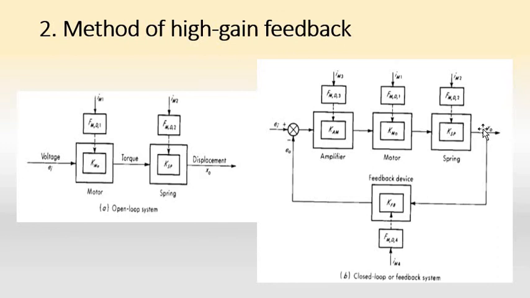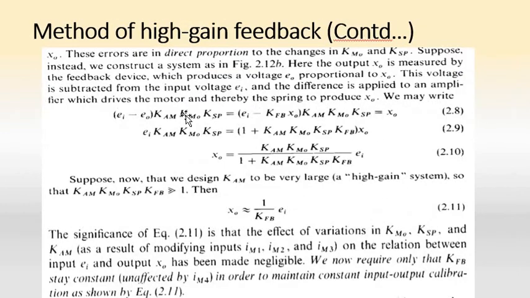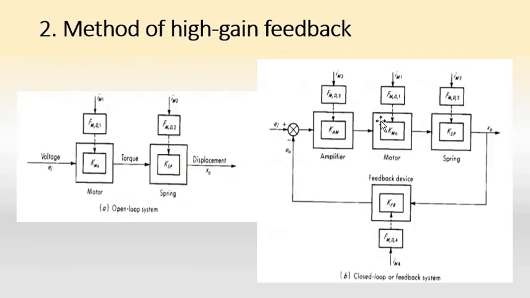So we get EI minus E naught into KAM into KMO into KSP, which is this equation. Multiply and expand it, and we get this equation. This is equal to x naught.